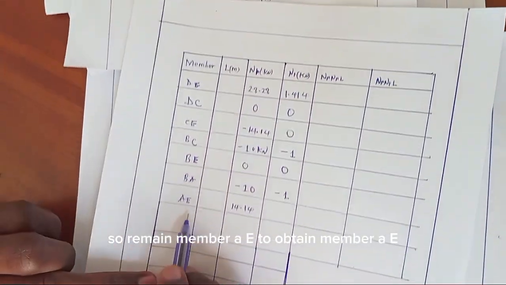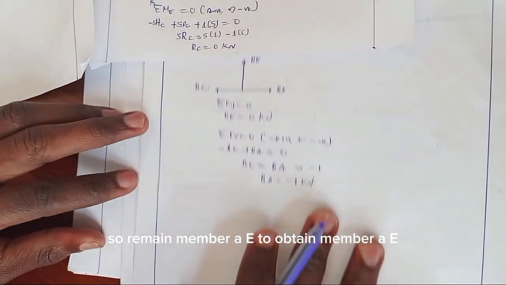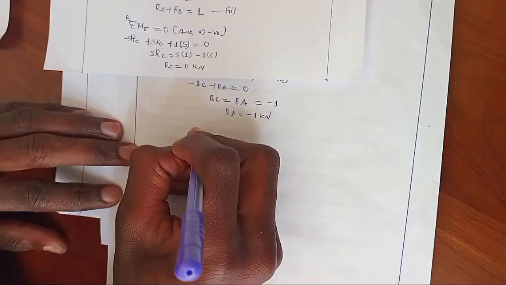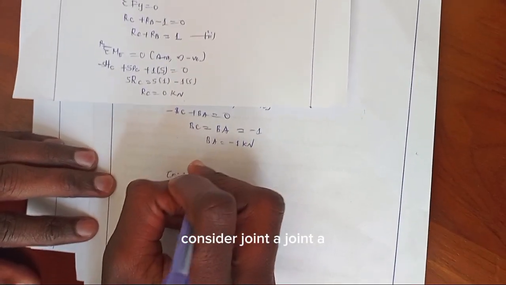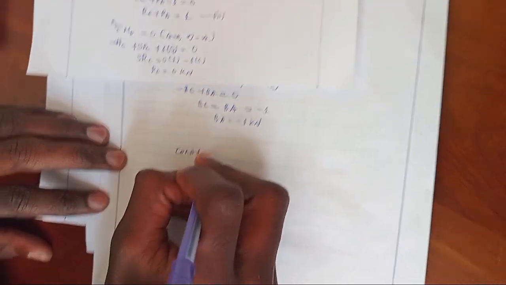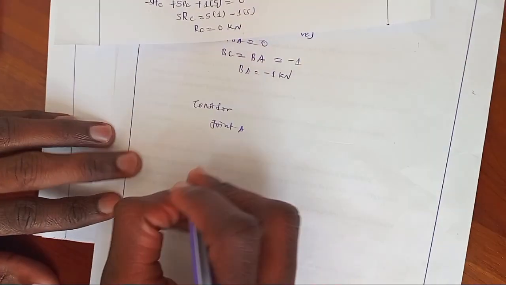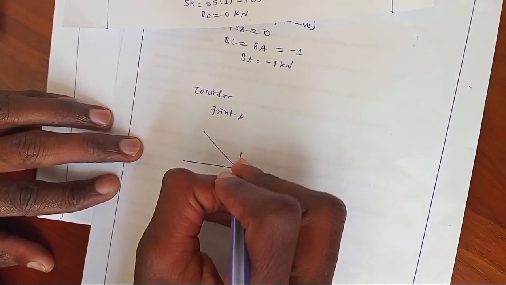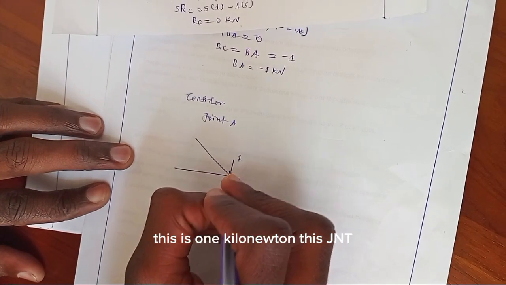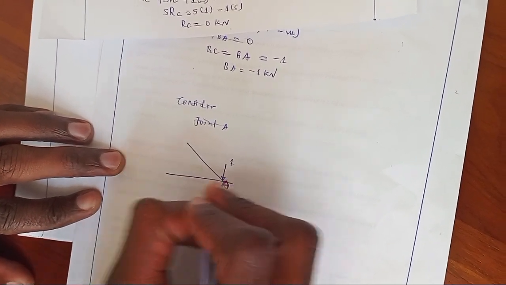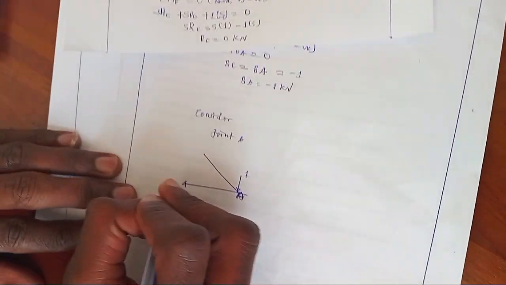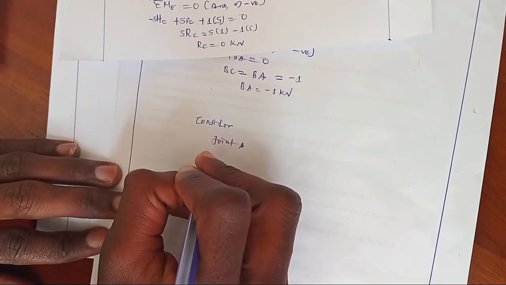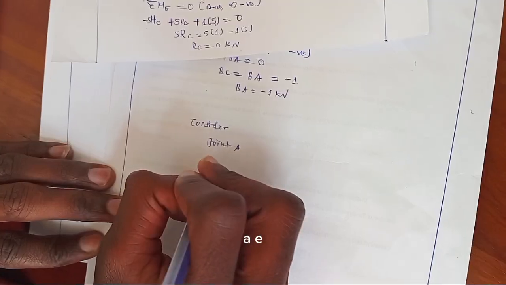The remaining member is AE. To obtain member AE, consider joint A. Joint A will be in this way. This is 1 kilonewton, this is joint A. BA, AE.